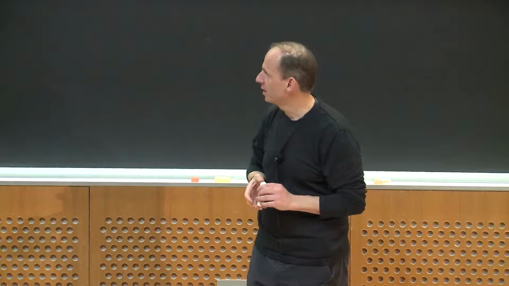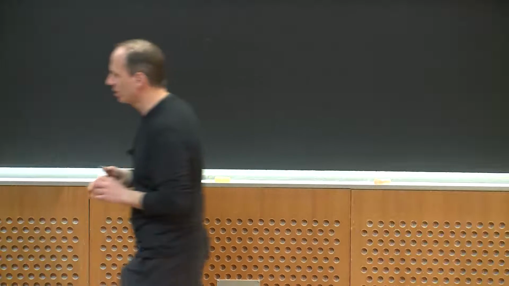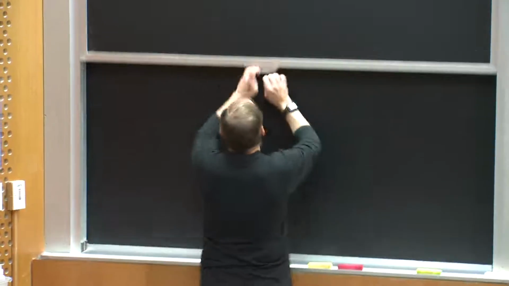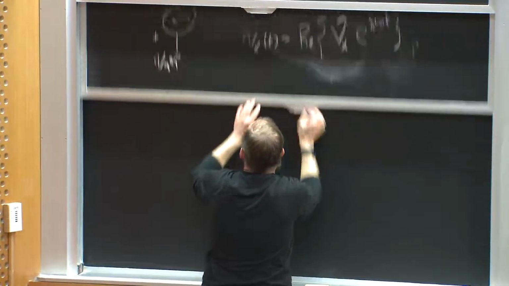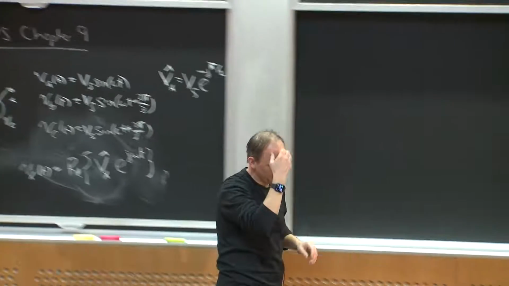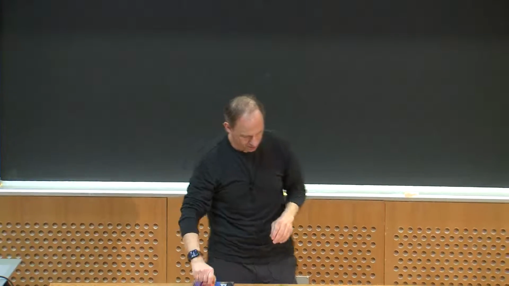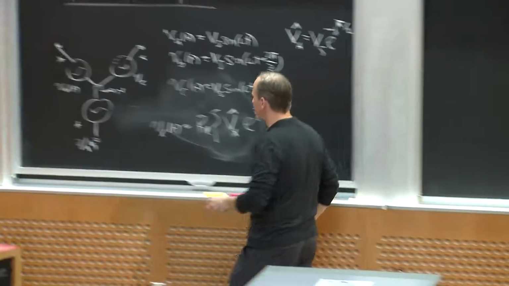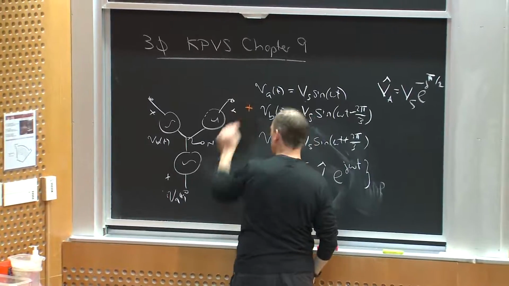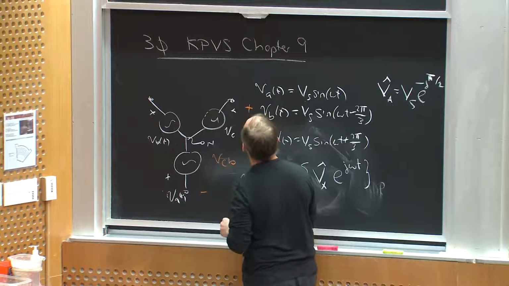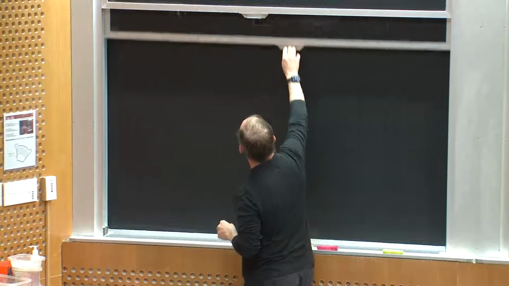We also said that in addition to considering just the line-to-neutral voltages, I might also think about the line-to-line voltages. For example, the voltage between here and here I might call VCB. If I looked at VCB, what would it look like?